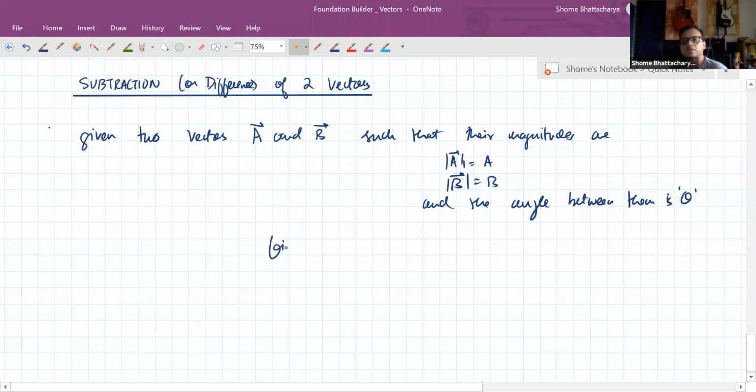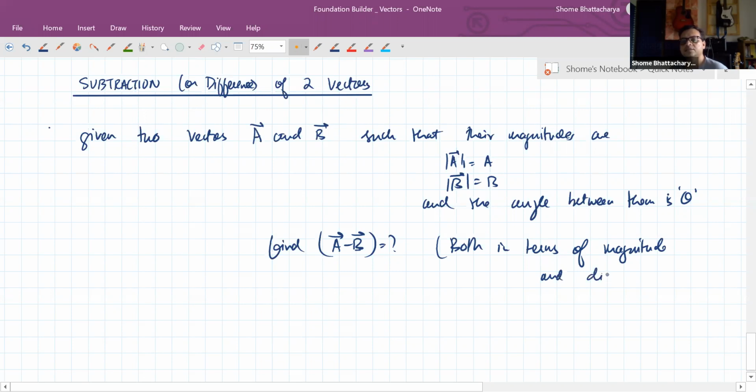Now we want to find out this, both in terms of magnitude and in terms of direction. So let us understand how we will do this operation next.